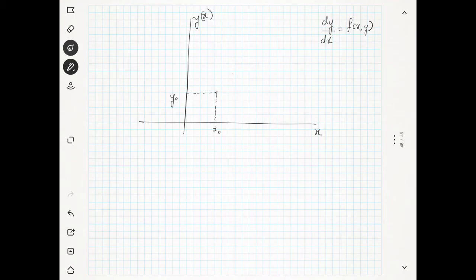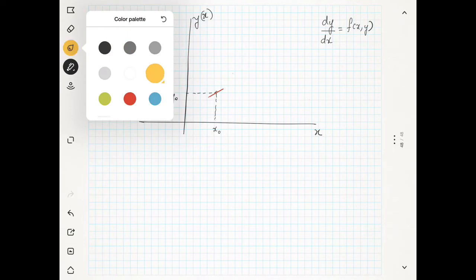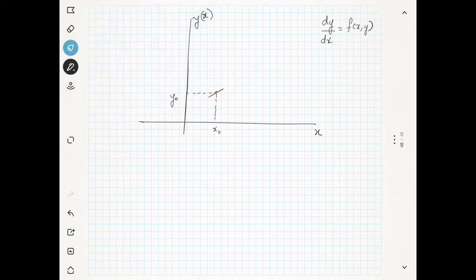As I told you previously, there is a curve which is passing through this point, and the exact curve may be something like this. This is your true, actual curve, and you want to find this curve. Now you have the initial point x naught and y naught, because it is given.